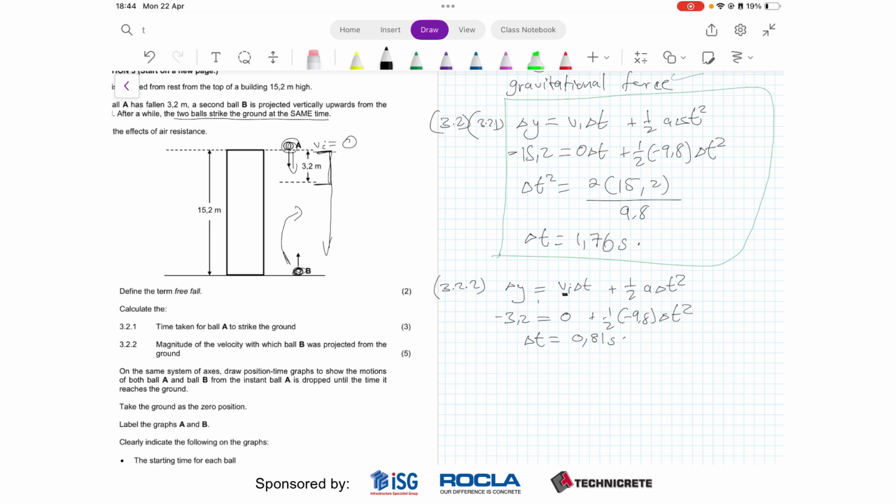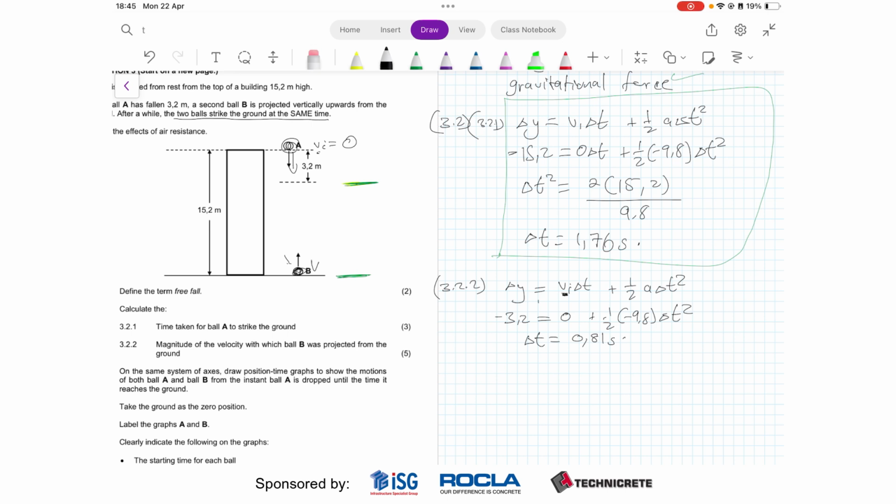So now this means that the entire motion of ball B going up and then coming back down is equal to the amount of time that it took for ball A to fall from this height to the ground. Let me clear that up.